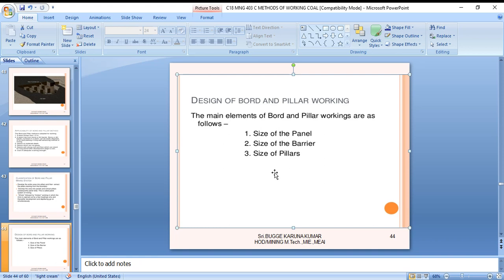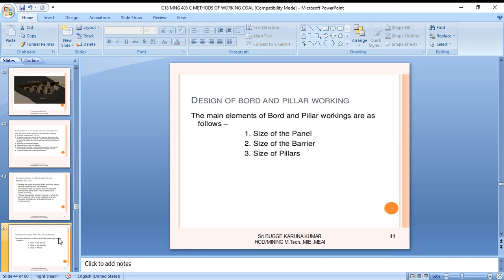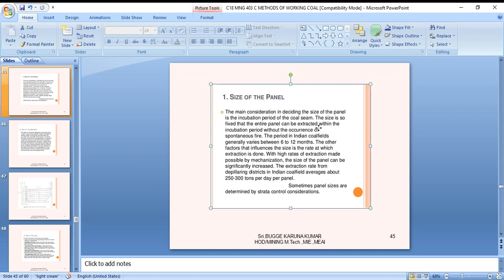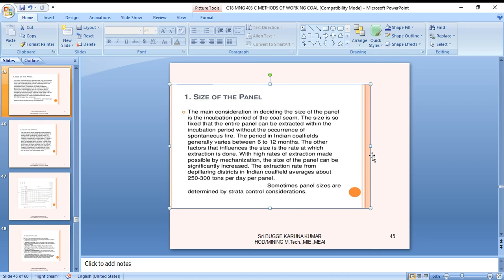The size of the pillar is also important, depending upon the depth. As per the Coal Mines Regulations 2017, there is a chart for a particular depth showing how much size will be there. These are the gallery dimensions. So, size of the panel, coming to the first point.